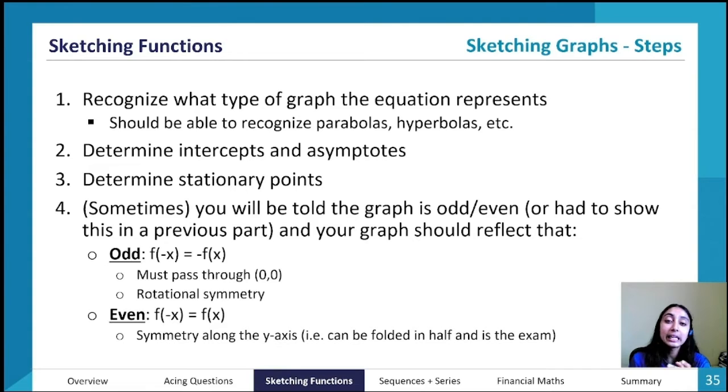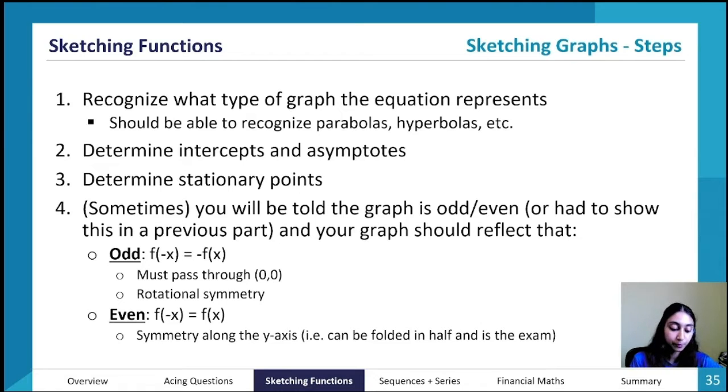You may be told if a curve is odd or even, which is something that you went through in year 11. So this, if it's going to be asked, will be given in a question that will be a lot harder than just you have an odd function, draw it. So also keep these in the back of your mind.